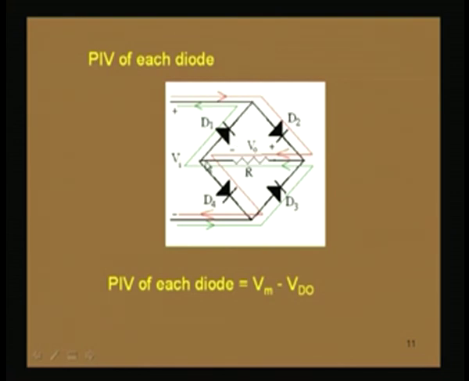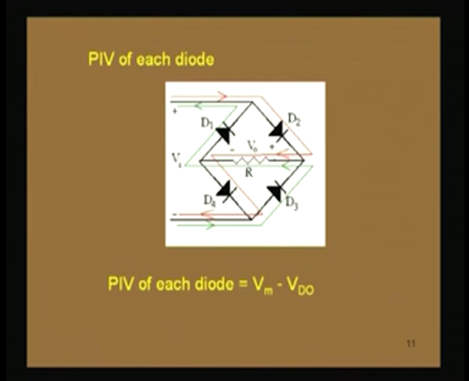Again applying Kirchhoff's voltage law through this mesh, this voltage is nothing but Vi minus this drop, that is Vi minus Vd naught. So, the peak inverse voltage of each diode, you can see for other diodes also when they are non-conducting, will be the same, which is equal to Vm minus Vd naught.